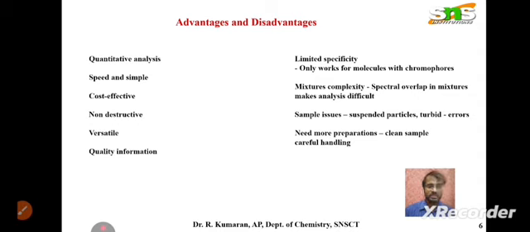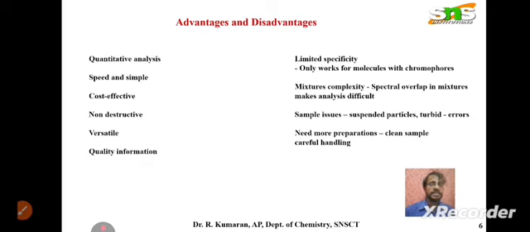It also gives particular information about the quality: what materials are present, how much is present, and the presence of any impurities. It clearly denotes these.